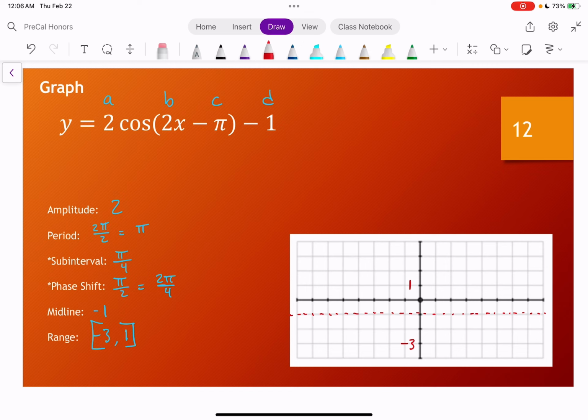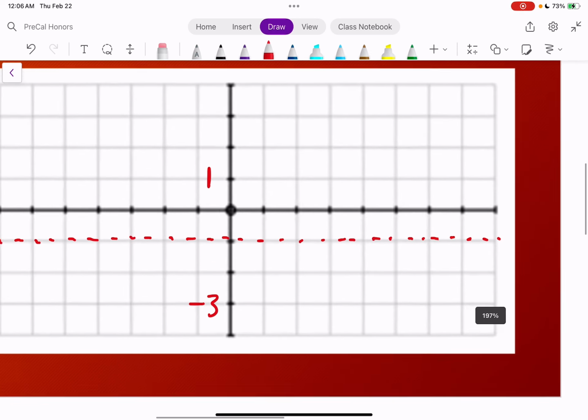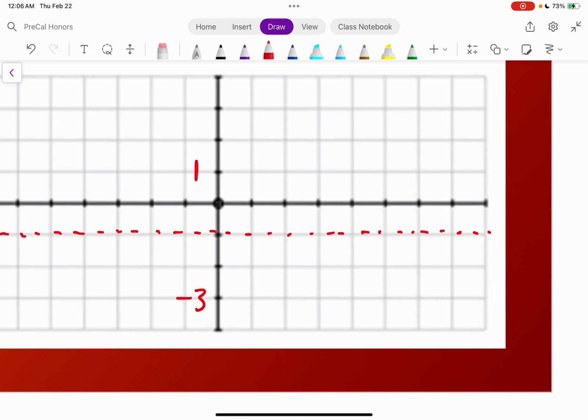Now, if we're going to work in increments of pi over 4, we would have to work this as pi over 4, 2 pi over 4, 3 pi over 4, 4 pi over 4, 5 pi over 4, 6 pi over 4.